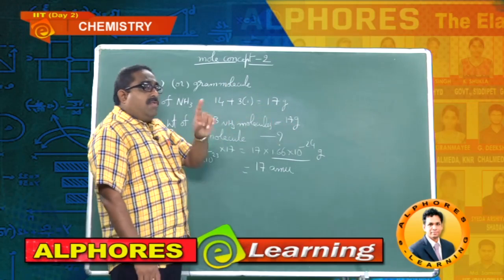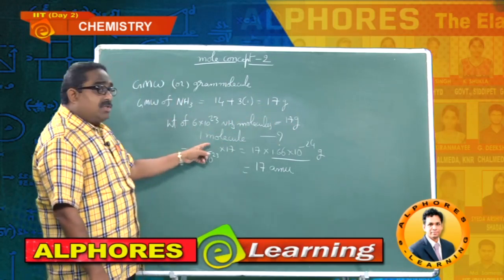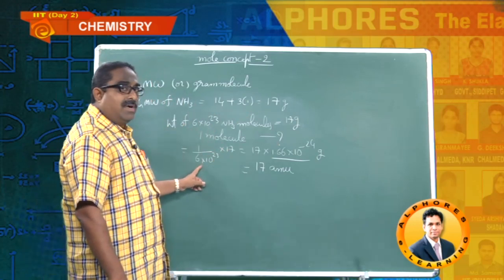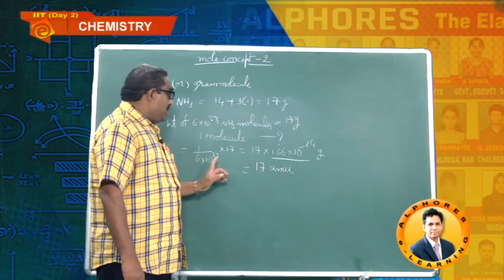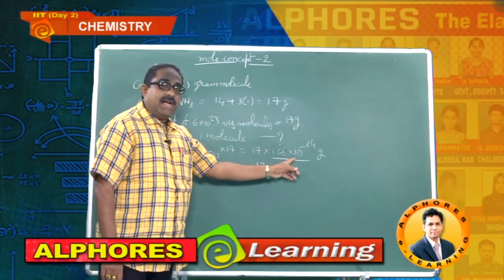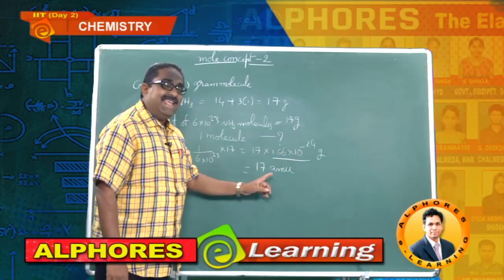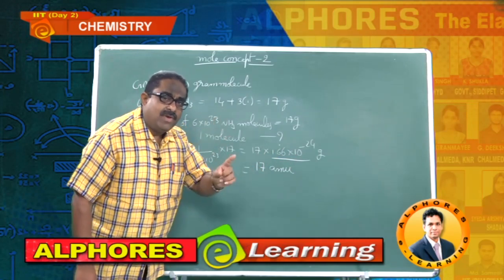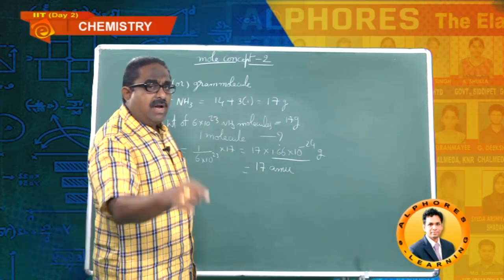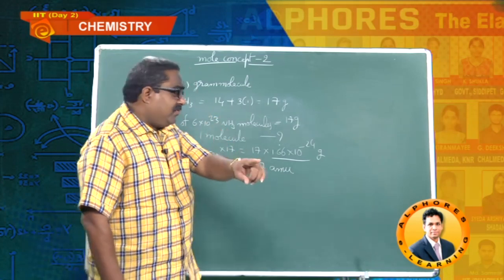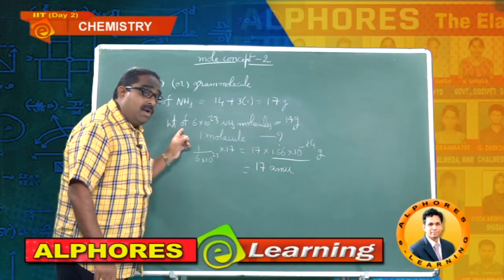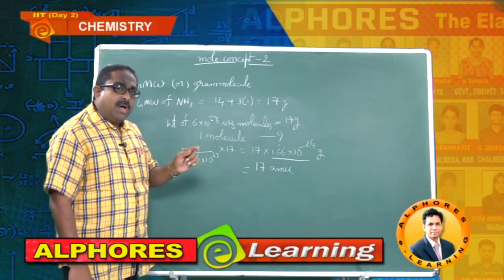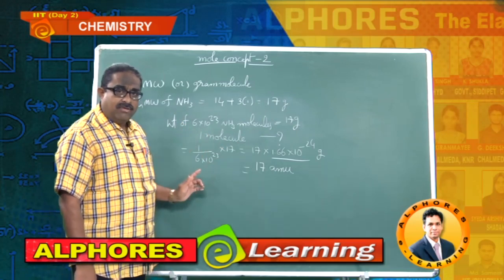And if anybody asks you to calculate the weight of one molecule of ammonia, then you have to divide by Avogadro number, the reciprocal of Avogadro number being one atomic mass unit. So 17 AMU. Please observe the difference carefully. 17 AMU is the mass of one molecule of ammonia, whereas 17 grams is the mass of Avogadro number of molecules of ammonia. That is the basic difference between gram molecular mass and mass of one molecule.